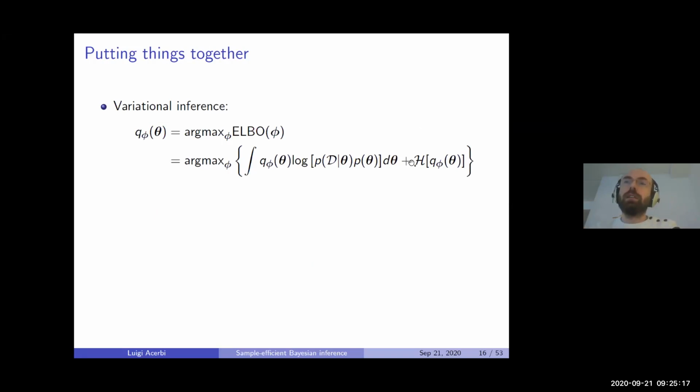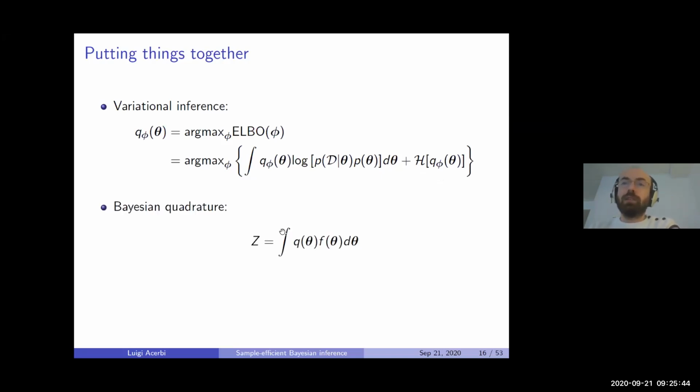On the right side here is the entropy of the variational posterior, so you want as much entropy as possible. On the other hand, the part inside the log is the log joint, so the likelihood times the prior, and what you have here is the variational posterior. So it's the expected log joint.